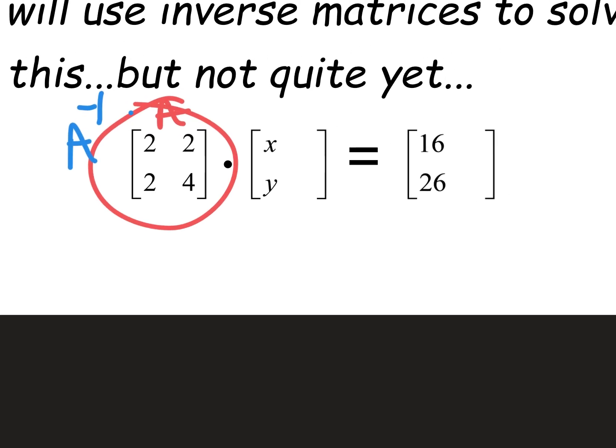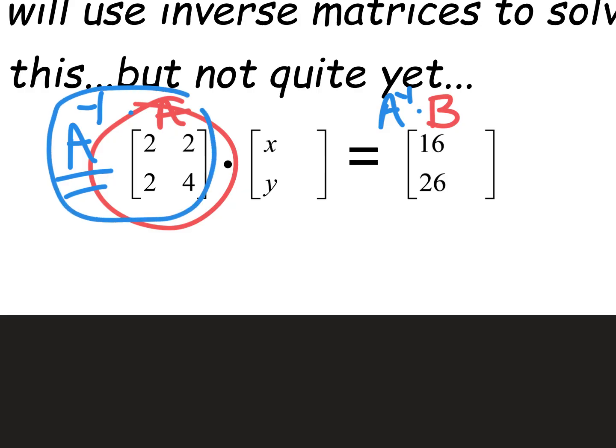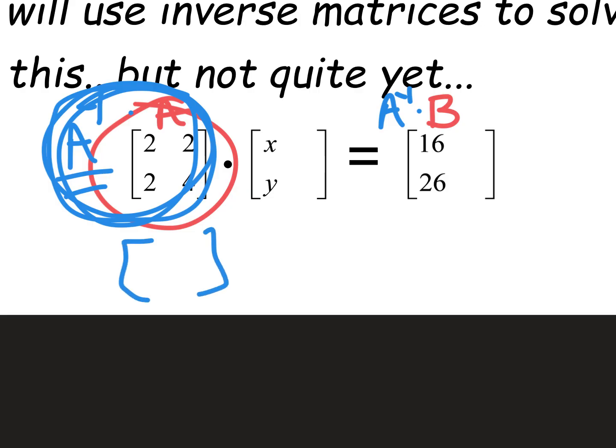This is not matrix A, this is matrix B, but if I multiply by inverse of A on both sides, these two will cancel each other out and turn into what's like 1 in matrix world. And so the answer is really over here.